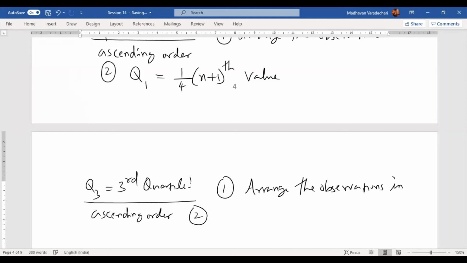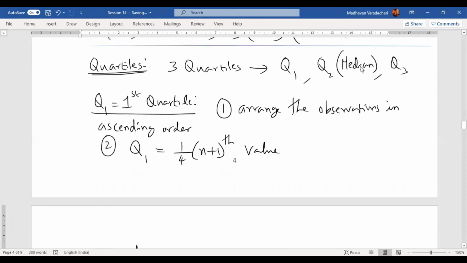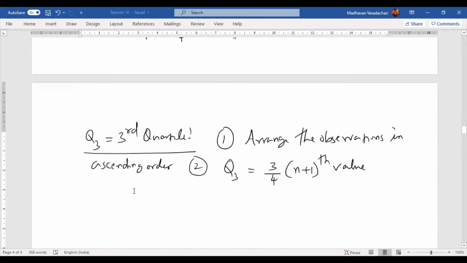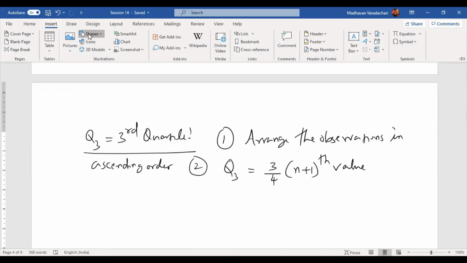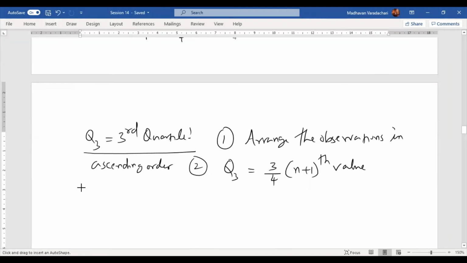And then step 2: quartile 3 can be evaluated as 3/4 of (n plus 1)th value. We had already seen the median is 1/2 times (n plus 1)th value, or you can also say (n plus 1) by 2. That is why I'm not writing it, because it is the same as the median. Now based on this understanding of quartiles, we'll do the next question.